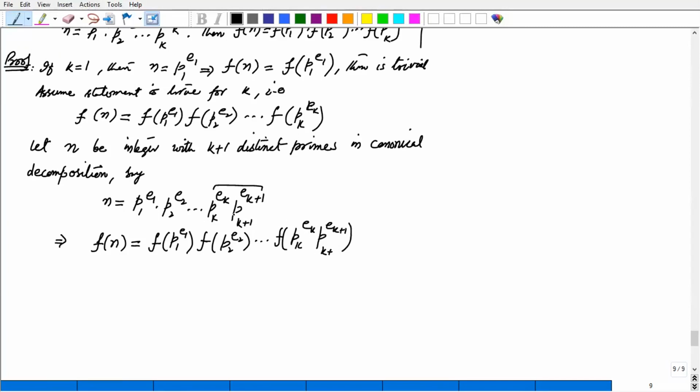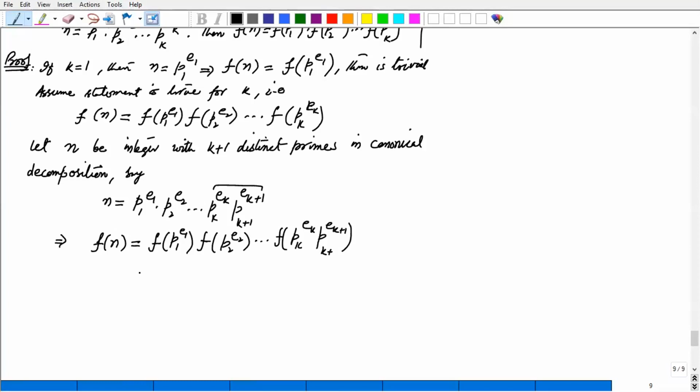Because these are all distinct primes, the GCD of the product of pk to the power ek with pk+1 to the power ek+1 and the others is always 1, because all of them are relatively prime due to prime factorization.